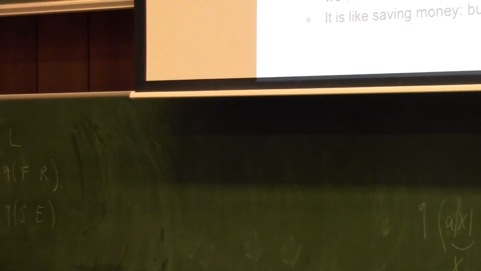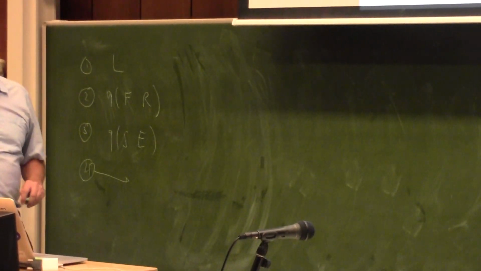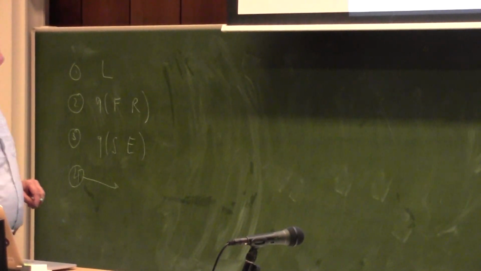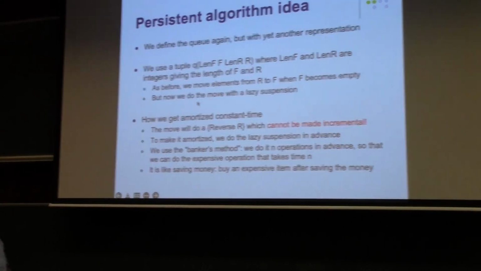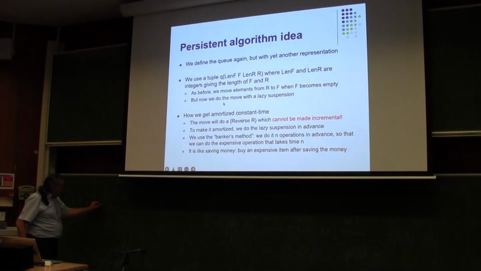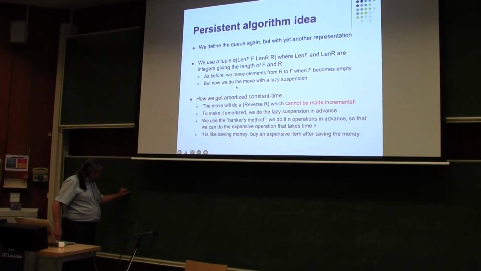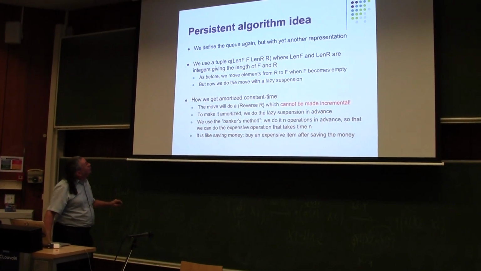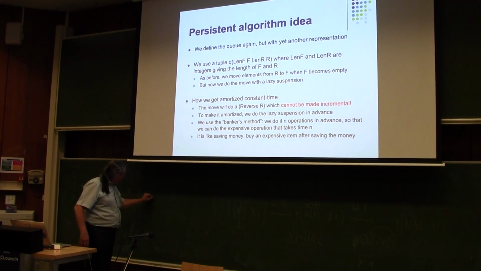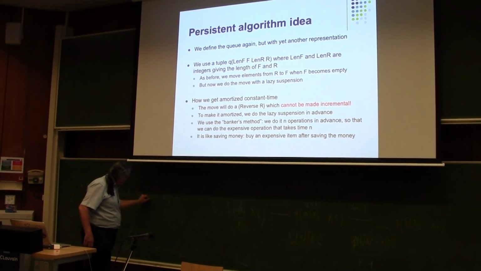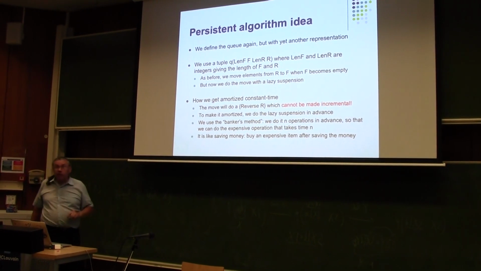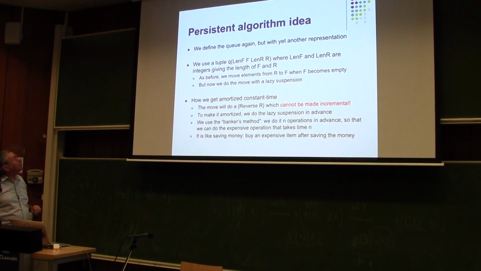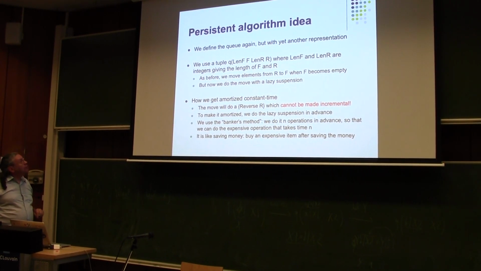And now we're going to have another representation that we designed carefully. We're going to have a tuple of 4 elements. And actually, it's inspired by F and R. We're going to have the length of F, the length of R. And we need to know the lengths. So we're going to add 2 elements which tell us the length of F and R. Okay, just integers, natural numbers.